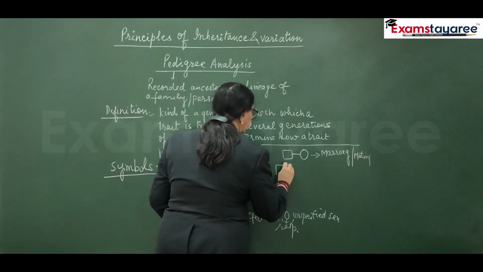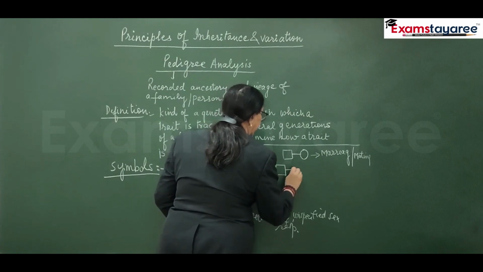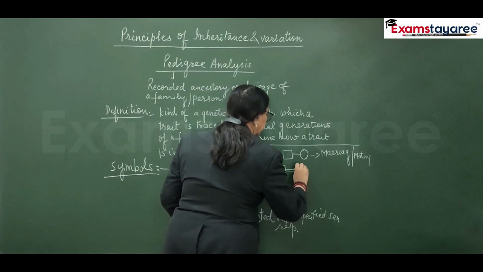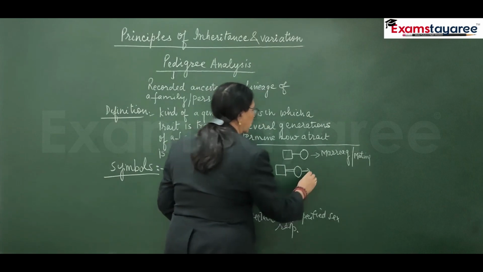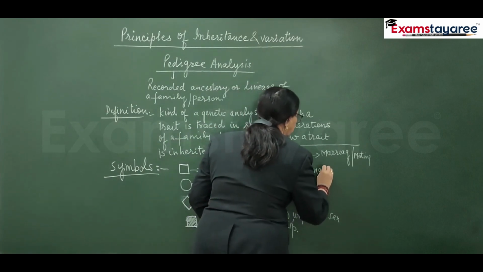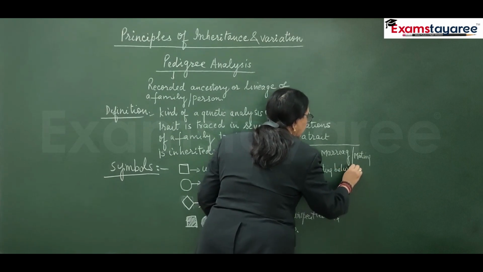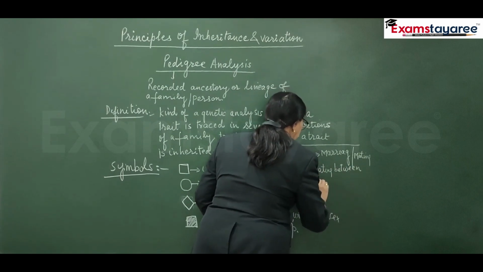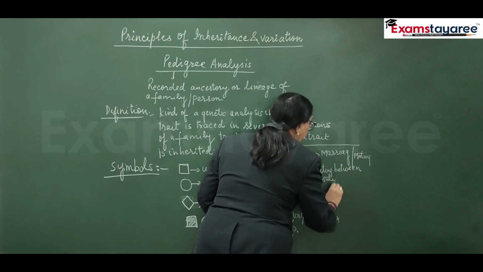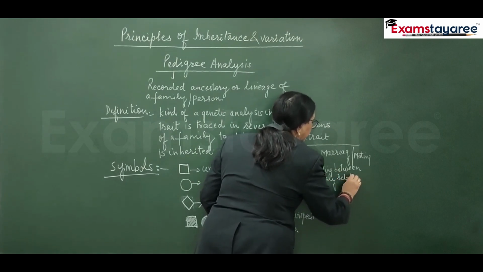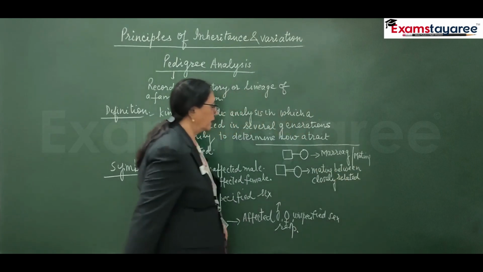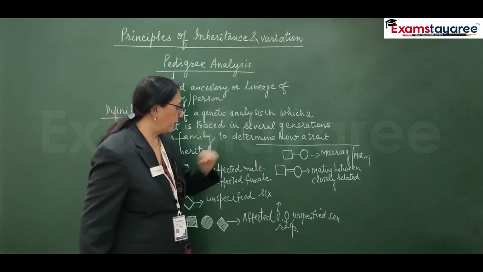If this is shown by a double line, then it means marriage or mating between closely related male and female.